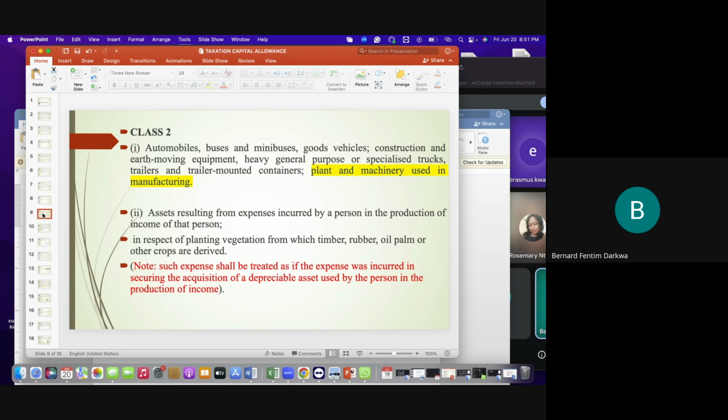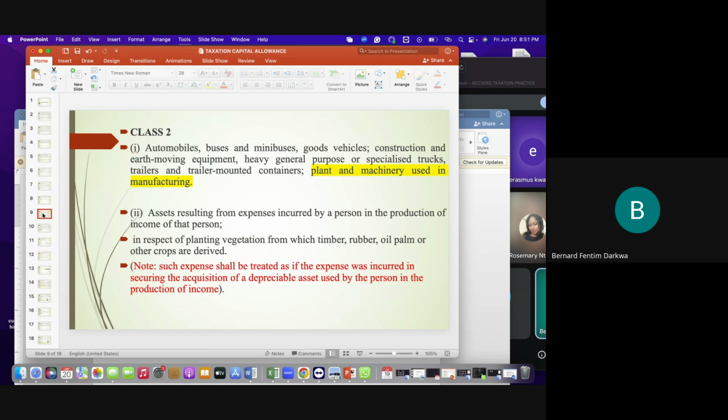So here there can be expenditure that will be classified as an asset. If somebody wants to do any plantation, cocoa farm, or oil palm, or timber, all expenses that you incur in clearing the land and other things, the law allows you to treat it as if you are buying an asset in class 2.